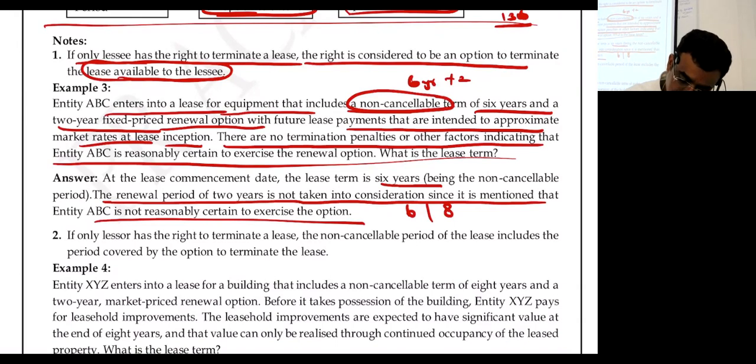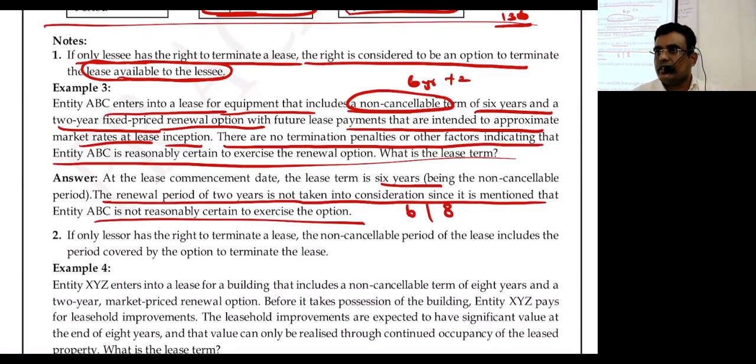Including that there are no factors indicating that entity ABC is reasonably certain to exercise the renewal option. Not indicating that entity is certain to exercise the renewal. அப்ப no factors is showing it. நீங்க கிளாஸுக்கு வருவீங்கங்கிறதுக்கு ஃபேக்டர் இல்ல அப்படி. That is again become negative.